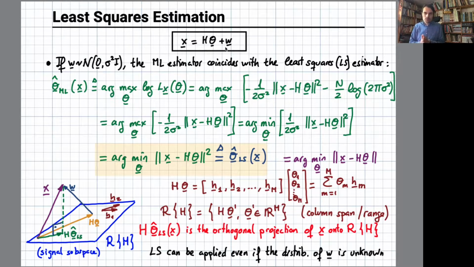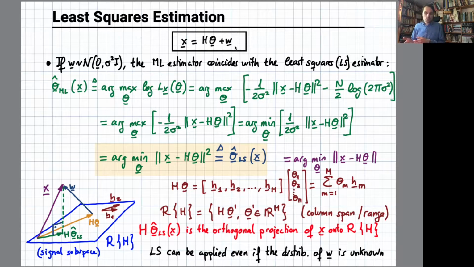This is a common theme in statistics and in many other areas, right? So, for example, if we have very detailed information about W, we know its distribution, perhaps W is Gaussian, then we can apply maximum likelihood. However, in some cases we don't know the distribution, but we know the moments, right? The mean and the covariance, right? Okay, so in that situation we cannot apply ML because ML requires the PDF, right?